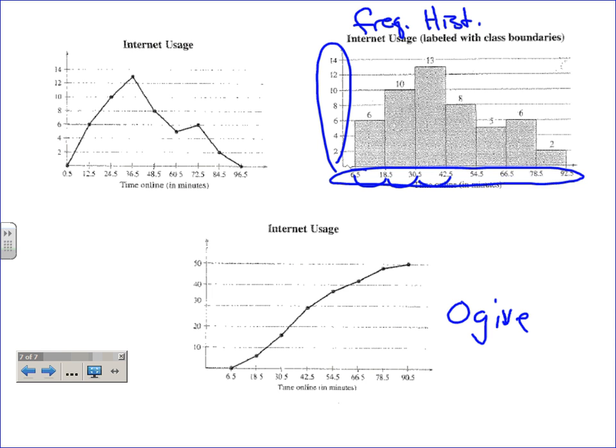So this is what they'll call a frequency polygon. A lot of times it will end up looking like a polygon when you connect them. That's why they call it a frequency polygon. But really, isn't it showing you the exact same information that the histogram is, just a little bit different?